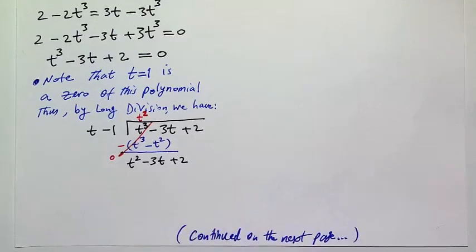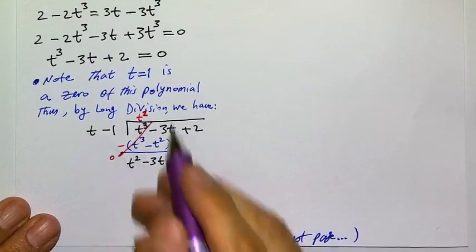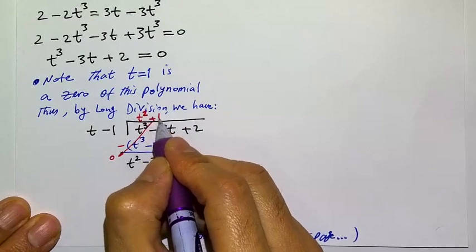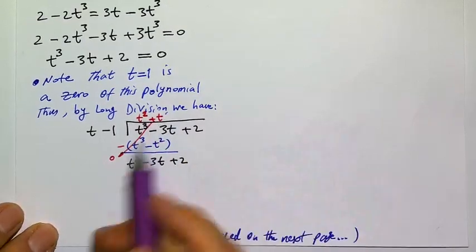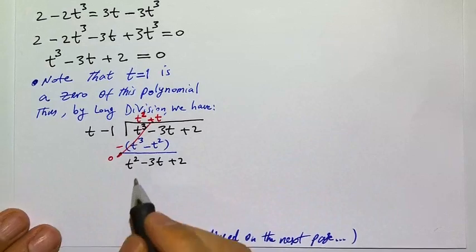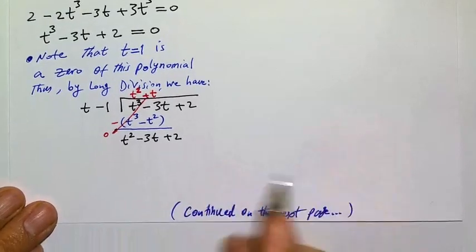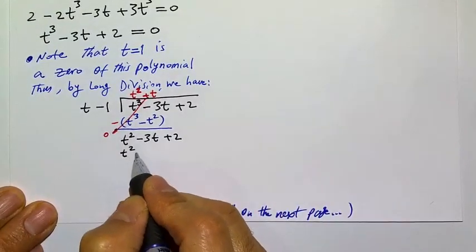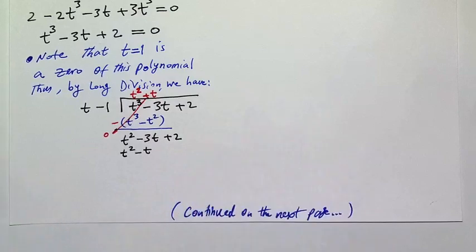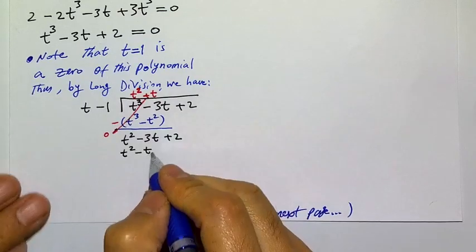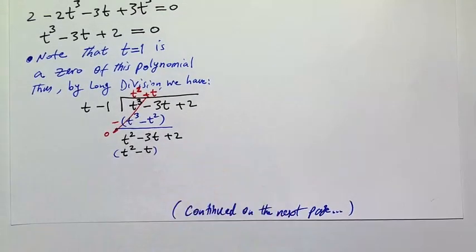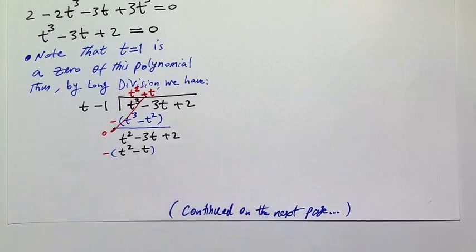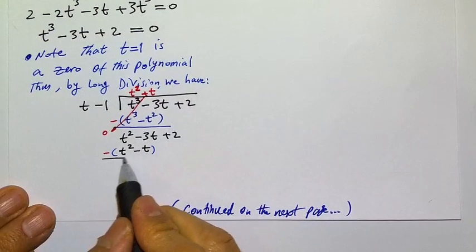And then to get t squared from this, all we have to do is add plus t there and then distribute it to both terms, which means we get t squared minus t, and then subtract this from the expression above it.